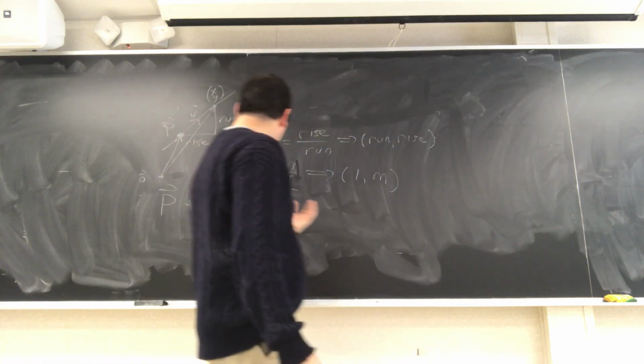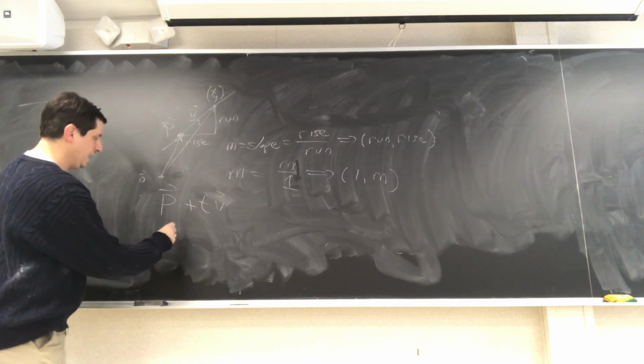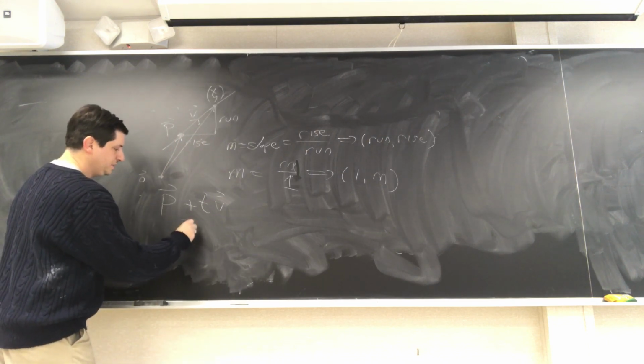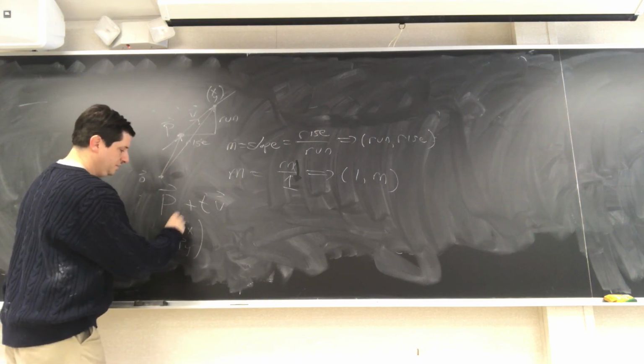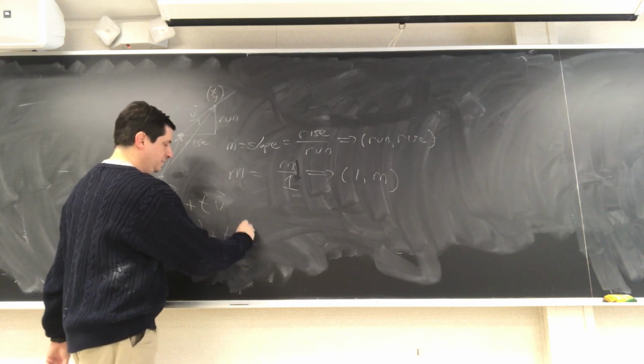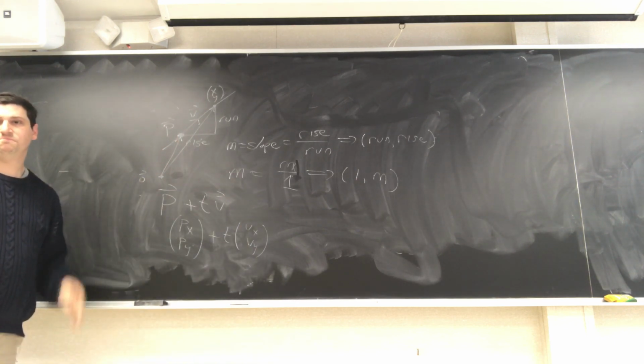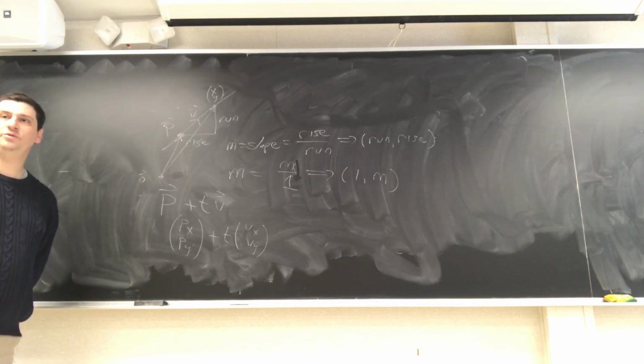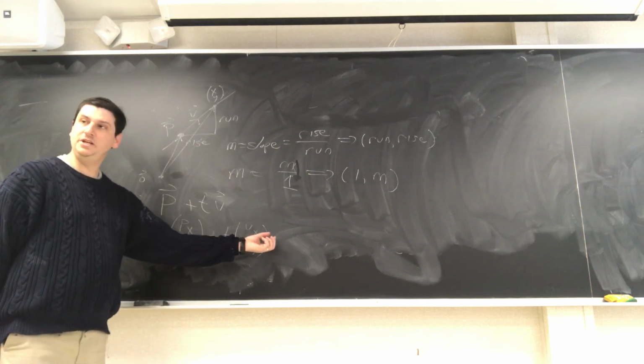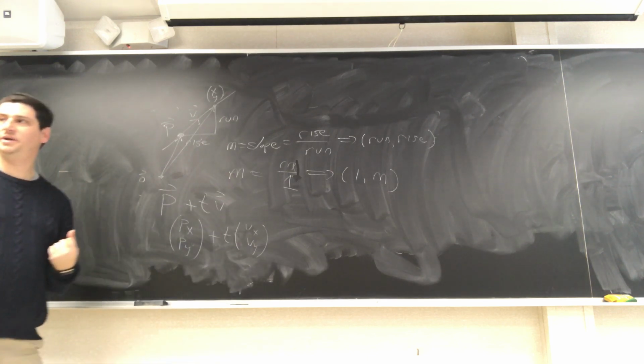I could write this down in more detail. I could write it as maybe p sub x, p sub y, plus t times v sub x, v sub y. And that's another way of writing down the equation. And so you give me a value of t, and I know where I am.